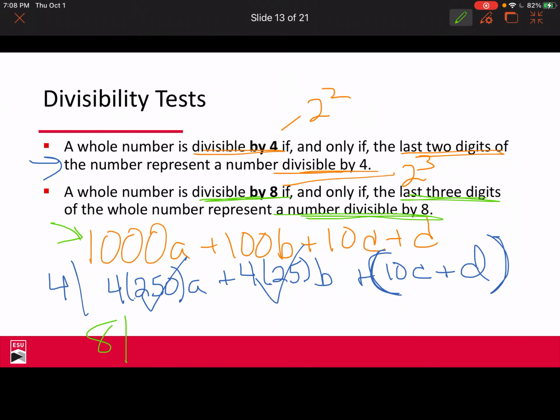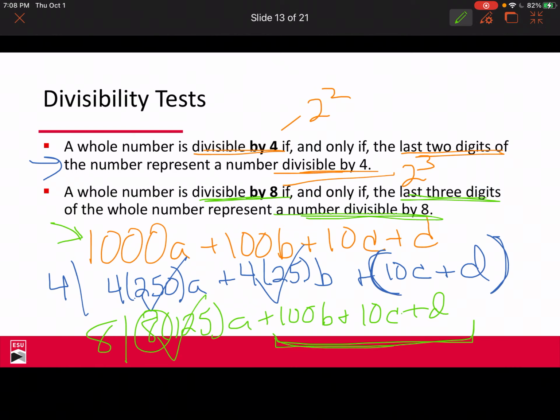So we have 8 times 125, A plus 100B plus 10C plus D. Well, since we know that there's an 8 here, that's divisible by 8, and all we need to check is this 100B plus 10C plus D. And those are precisely our last 3 digits.